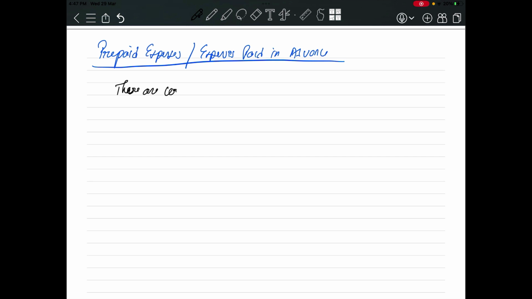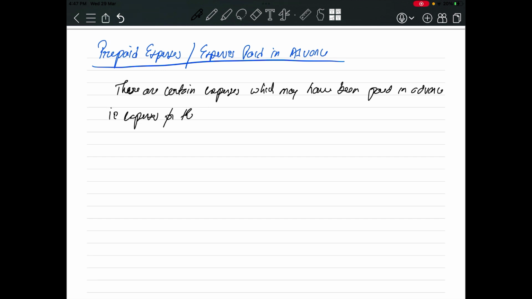There are certain expenses which may have been paid in advance, that is, expenses for the next year have been paid during the current year.